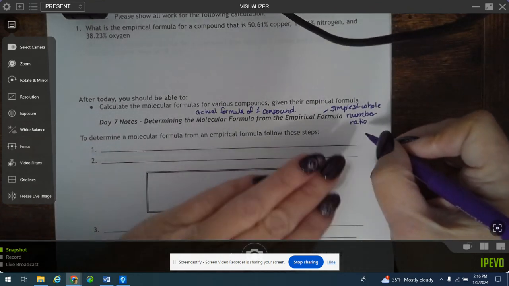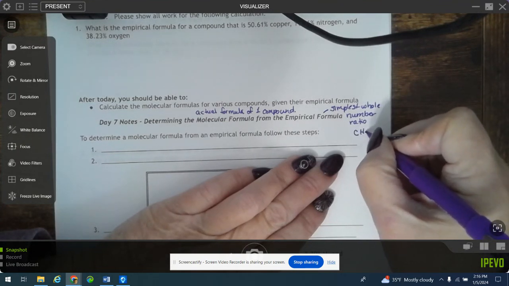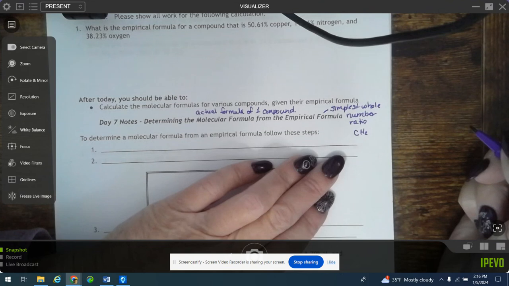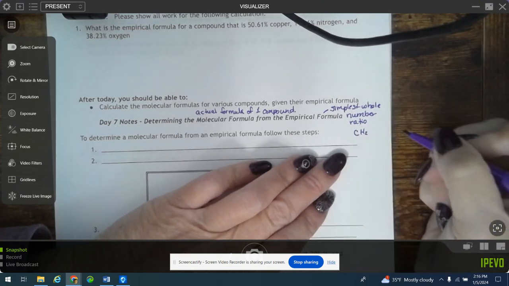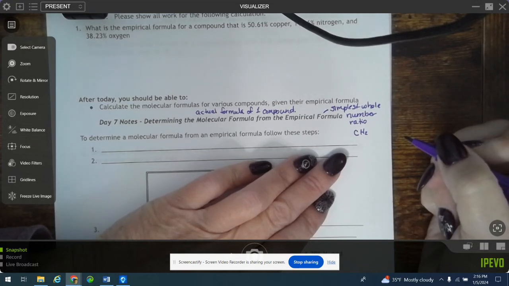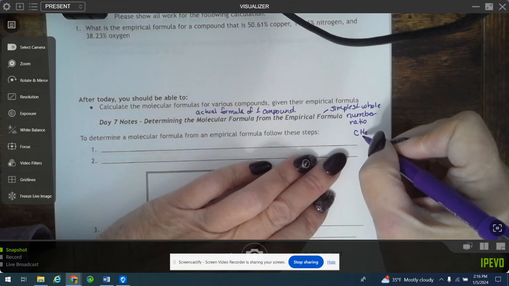For example, CH2 is an empirical formula. You could make a dozen, and actually in nature there are many dozens of compounds with this empirical formula.